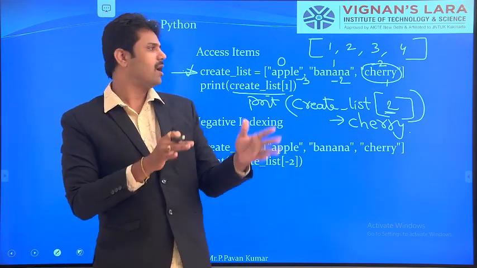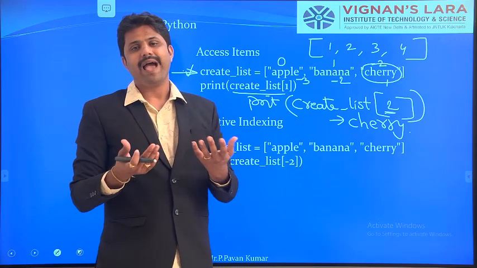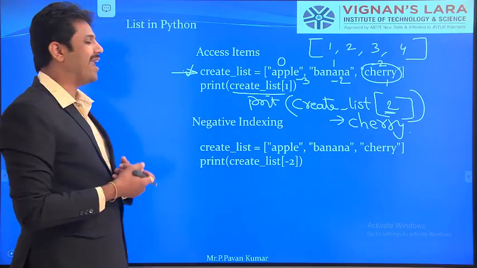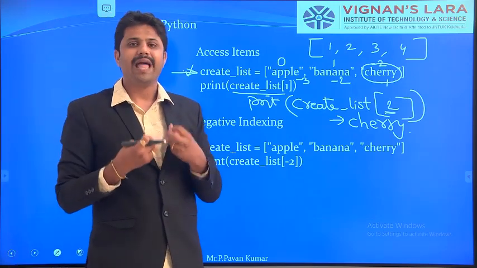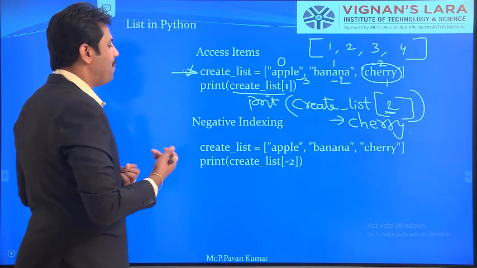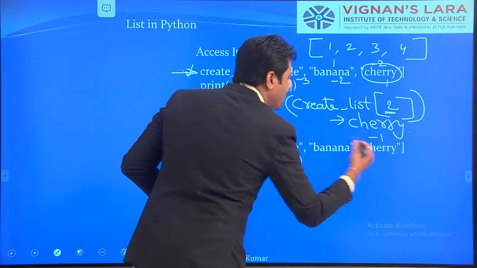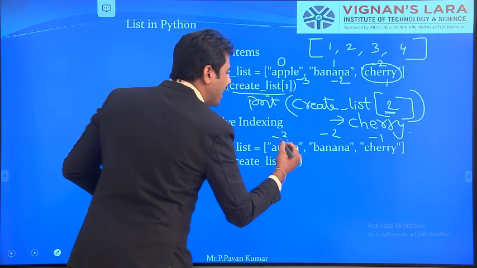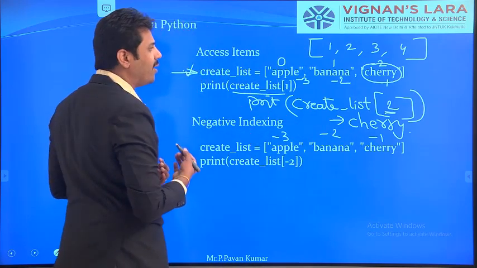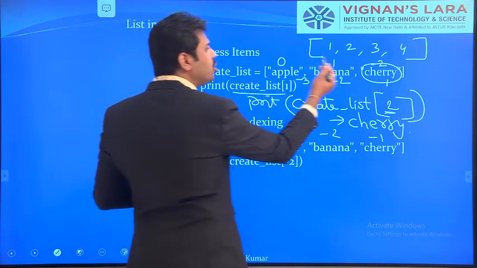Next, negative indexing. Similar to positive indexing, we have negative indexing also. You can access your information with the help of negative indexing by giving the value. This is -1, -2 and this is -3 for negative indexing, and for positive indexing 0, 1, 2.